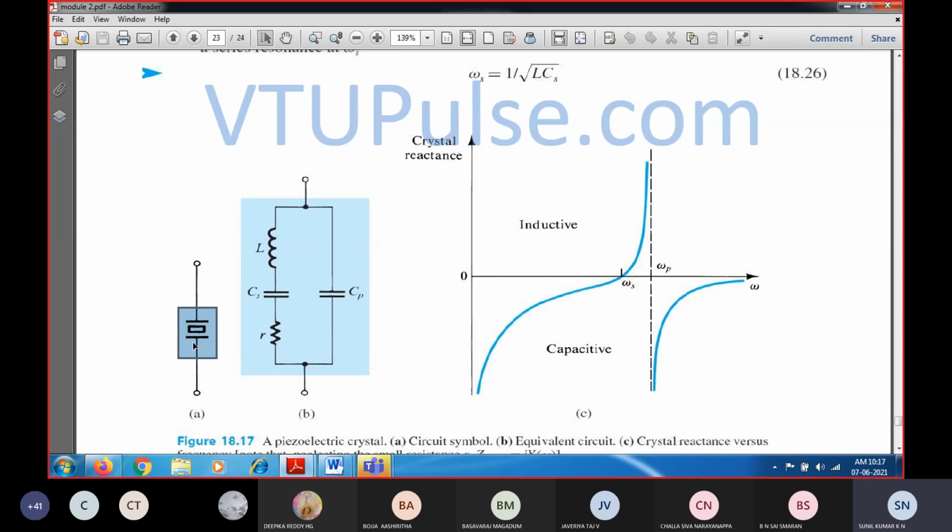First we should understand what a piezoelectric effect is. The piezoelectric effect is whenever you apply any voltage between the two terminals. Whenever we have kept a crystal between the electrodes and apply any voltage between the two electrodes, the crystal will mechanically deform its shape and start vibrating with its own frequency.